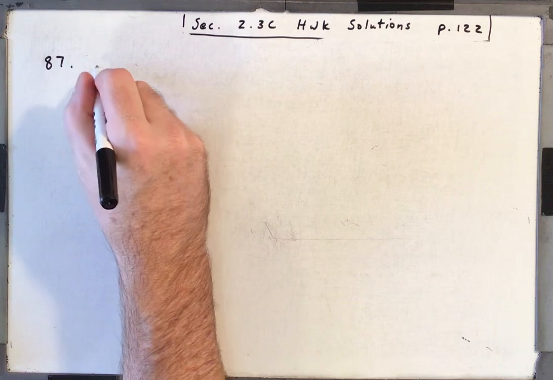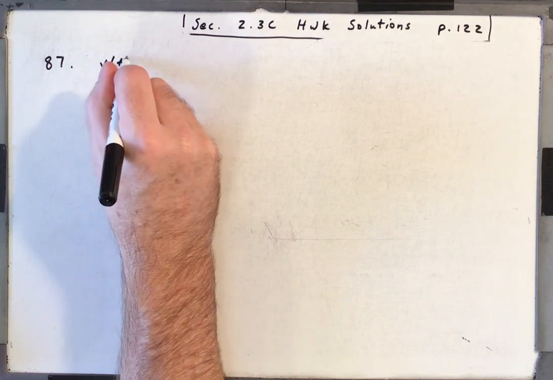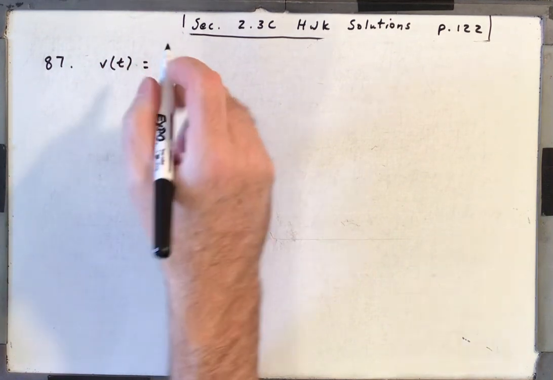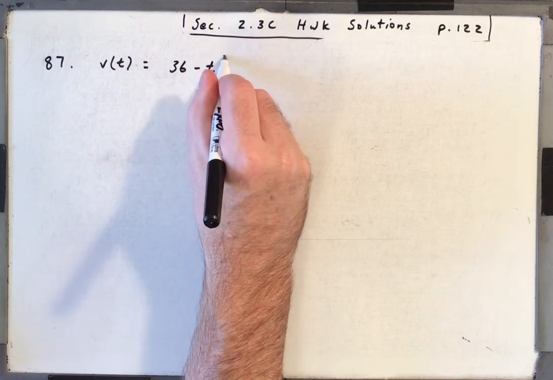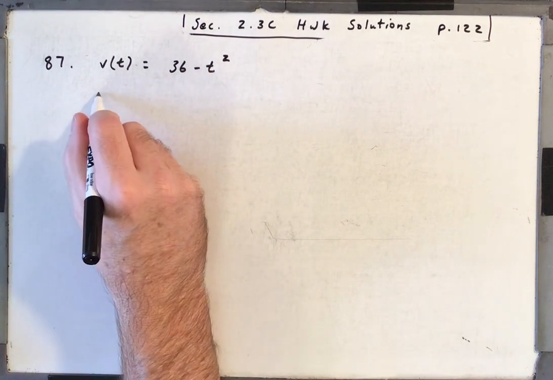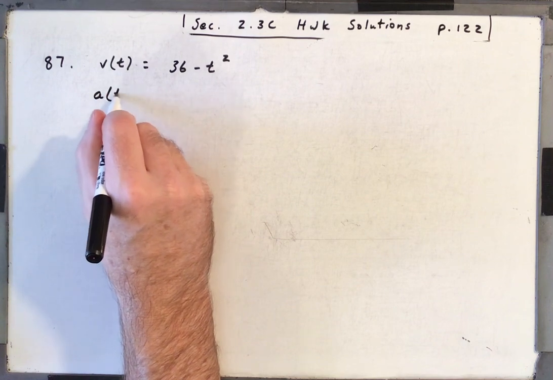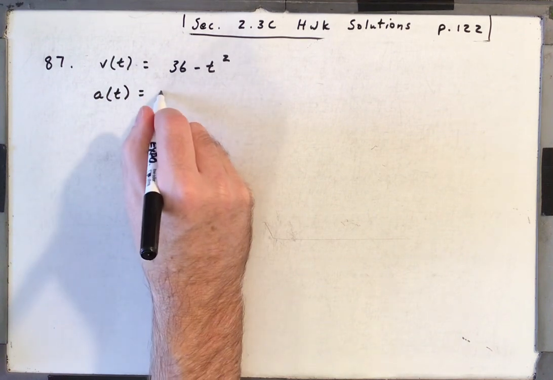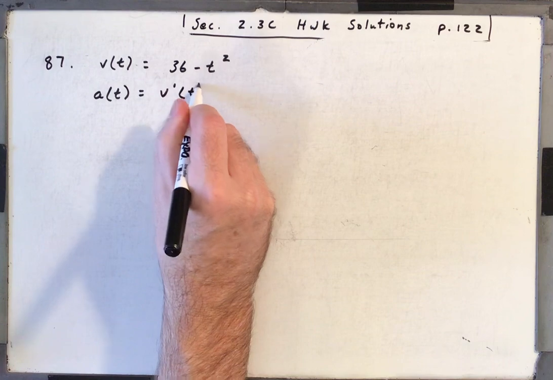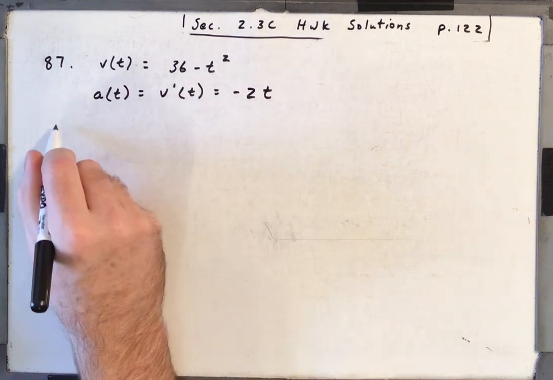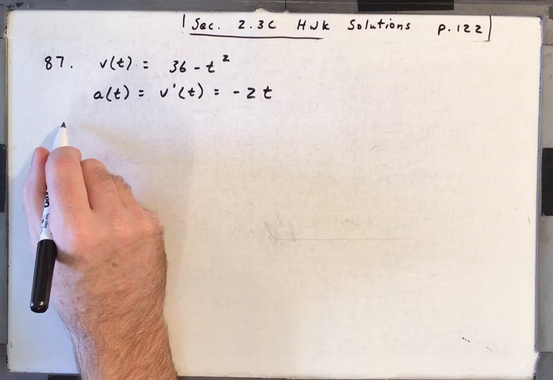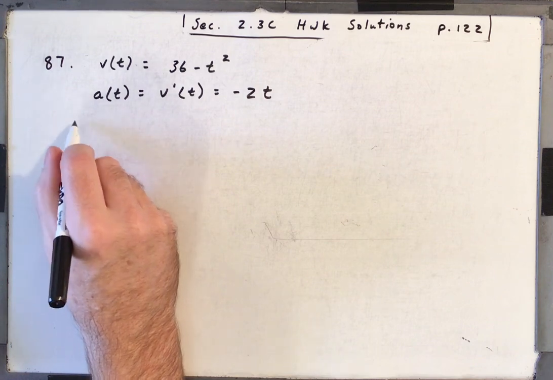Okay, so we have v of t equal to 36 minus t squared. The acceleration is the derivative of velocity, so that would be minus 2t. Okay, so find the velocity.